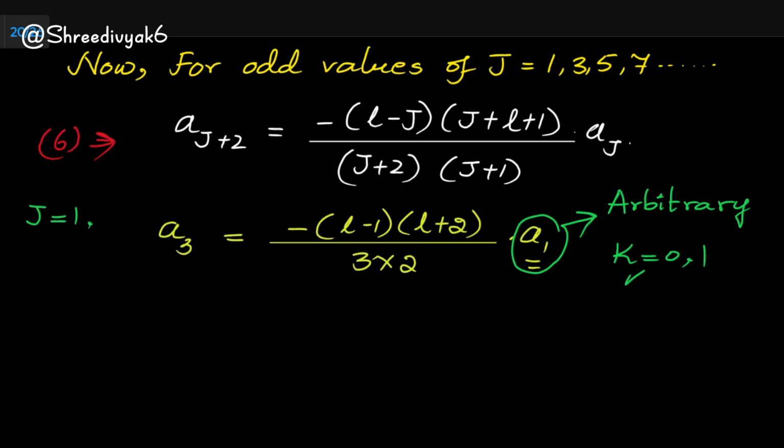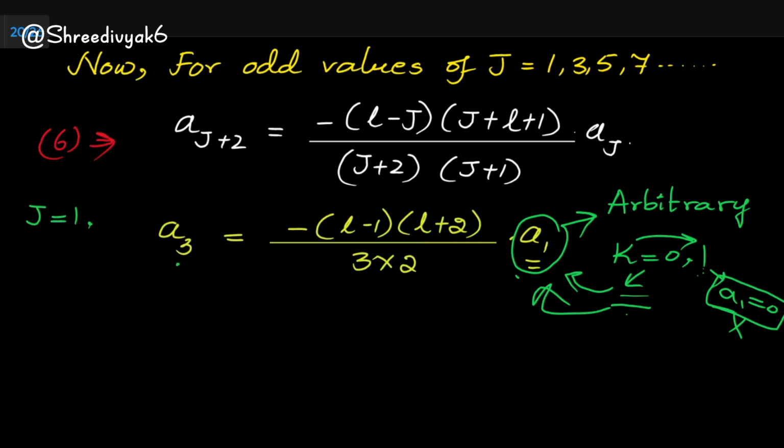For k is equal to 0, A1 was arbitrary. For k is equal to 1, we had A1 becoming 0. So since A1 is becoming 0 for k equal to 1, we had not chosen k as 1. Instead, we chose the value of k as 0. Why? Because A1 is becoming arbitrary. So if A1 is arbitrary, I can take the value of A3.